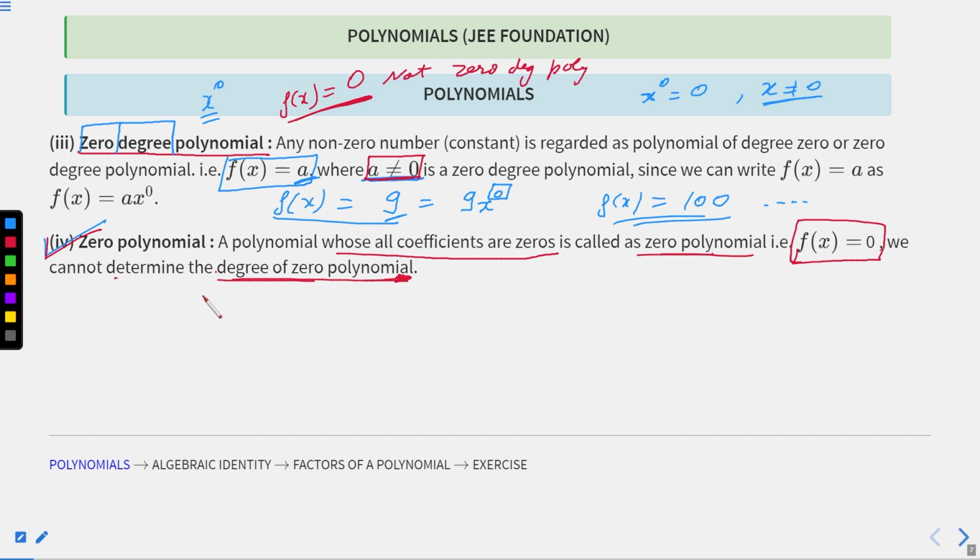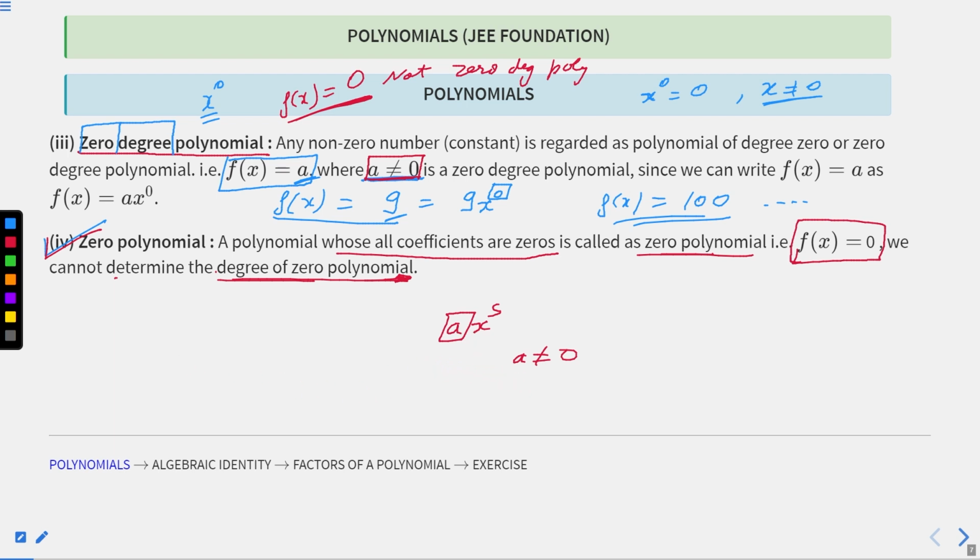In order to determine the degree of the polynomial, first of all you must have the highest power of x, say here 5, and the coefficient must not be equal to 0. So these are the two conditions to find out the degree.